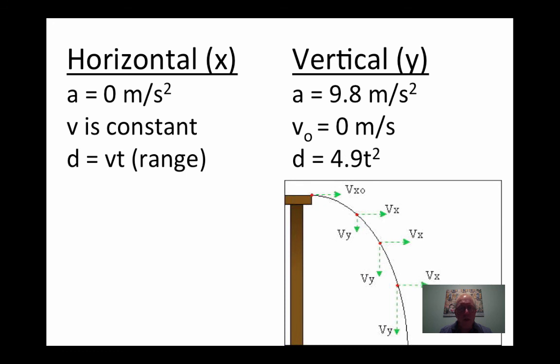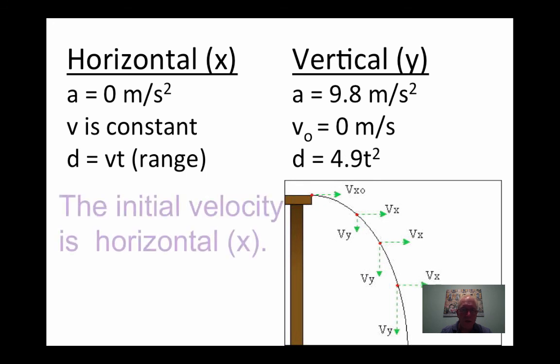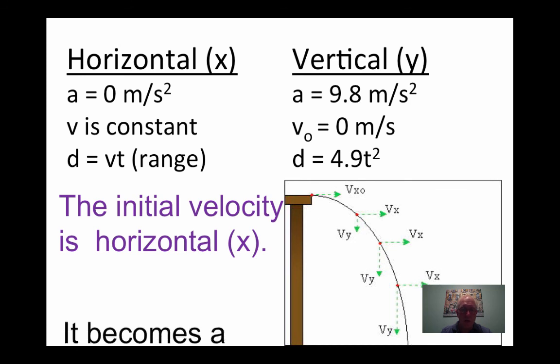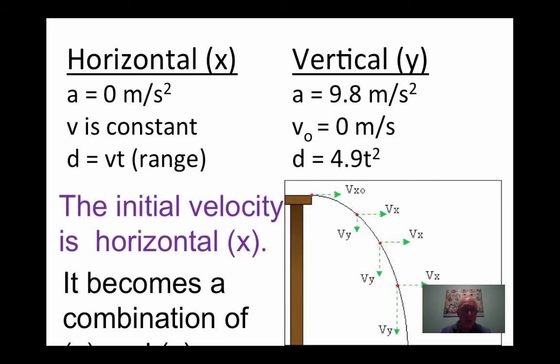Notice here that they're indicating v in the x or v in the x naught. That's similar to what your formula sheet does, indicating that it's one direction at a time, either the x direction or the y direction. Here the initial velocity is all in the horizontal direction. The initial velocity in the y direction is 0. And it does become a combination of both the x and the y, so that's something to bear in mind.